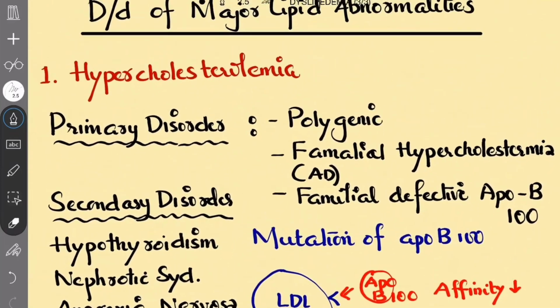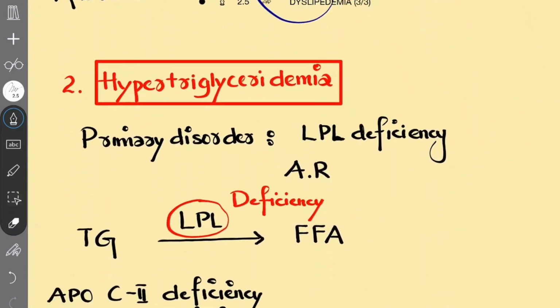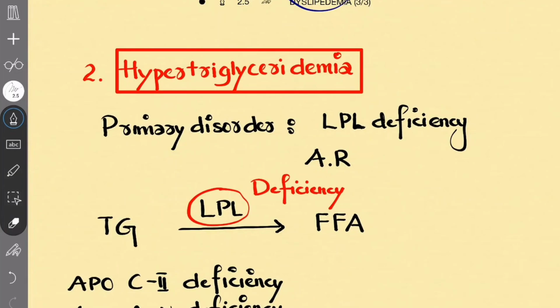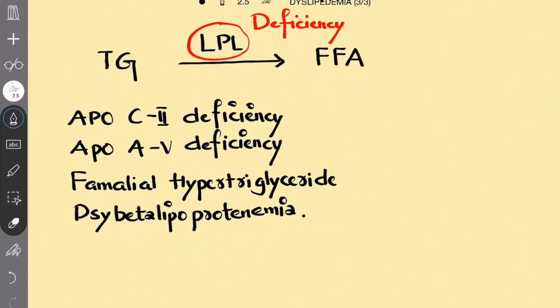So for hypertriglyceridemia, the primary disorders we have discussed are LPL deficiency, ApoC2 deficiency, ApoA5 deficiency, and familial dyslipidemia.